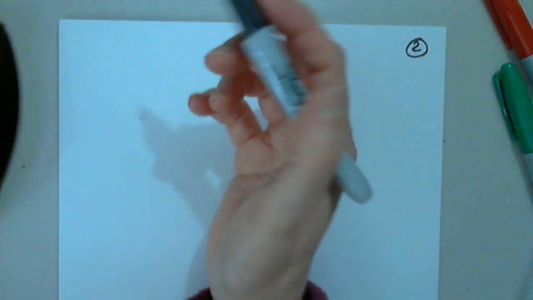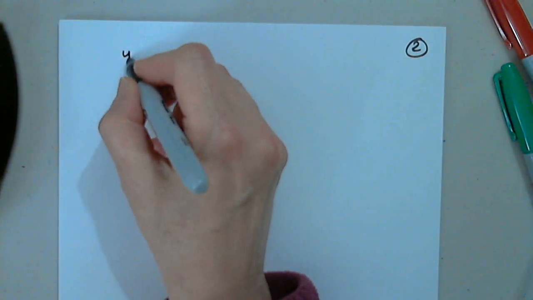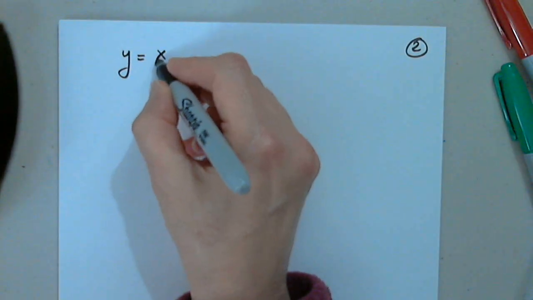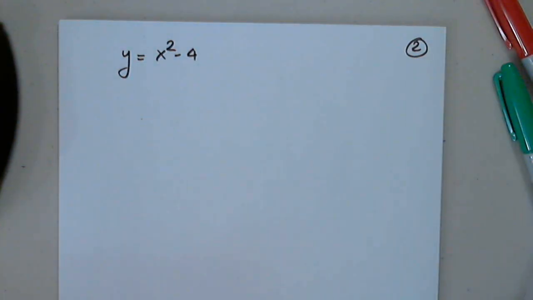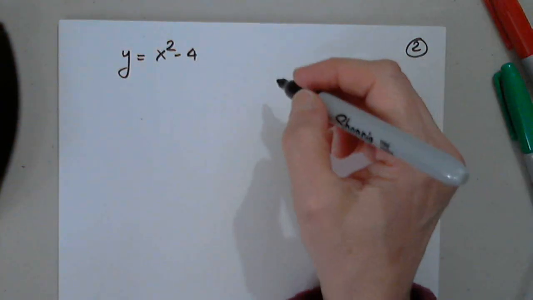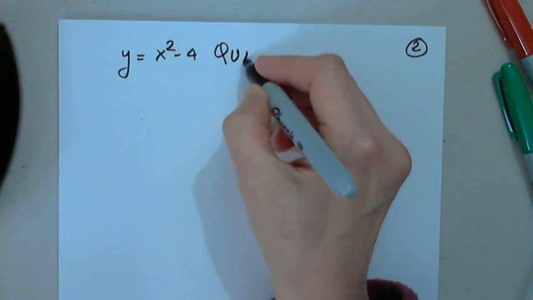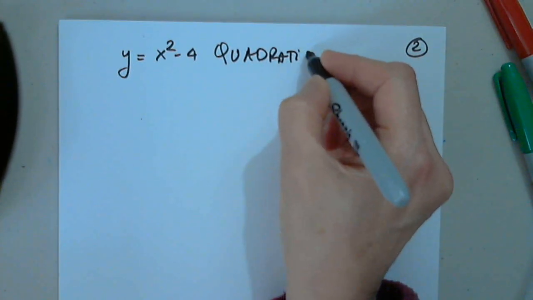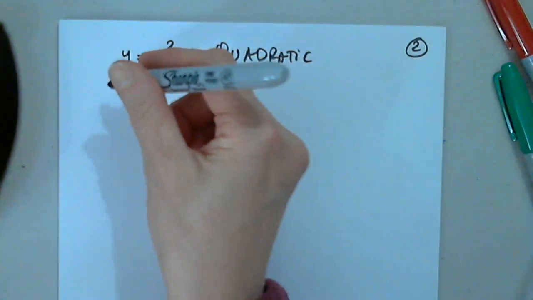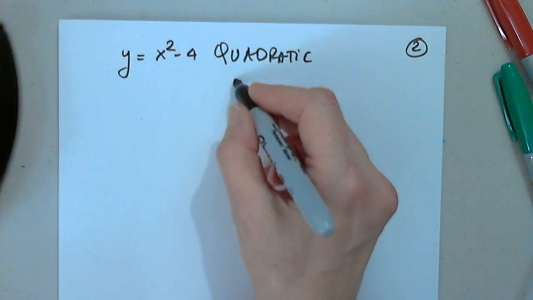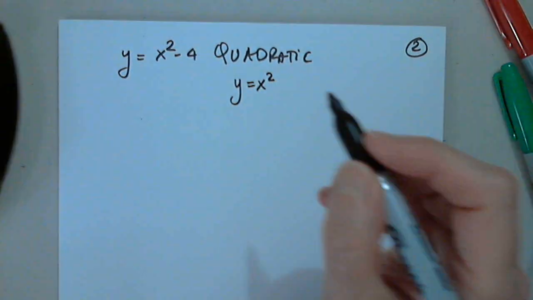Okay, so allow me this time to just make up a quadratic equation. So let's say y equals x squared minus 4. So we do remember, this is quadratic. The simplest quadratic function is this one.